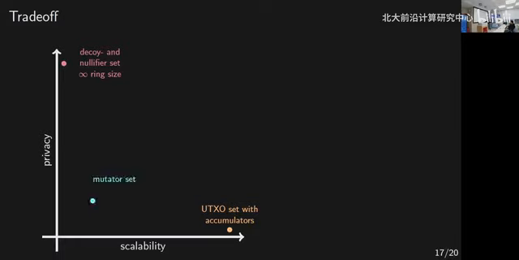But on this plot, mutator sets, well, I put it near the origin to articulate the inherent trade-off, but actually I'd say it's rather more scalable than where it's currently located.